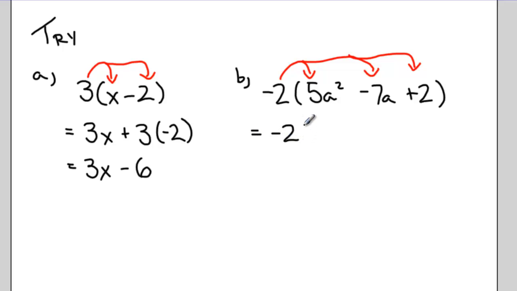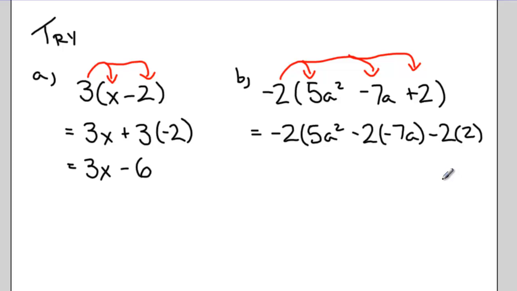So I have negative 2 times 5a squared, subtract 2 times negative 7a, subtract 2 times positive 2, which becomes negative 10a squared. Negative times the negative becomes a positive 14a. And then my last term, negative times a positive, stays negative.